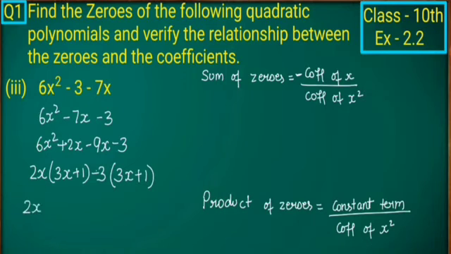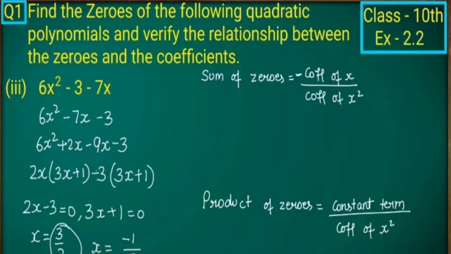So the two factors of this polynomial will be 2x minus 3 and 3x plus 1. Now we have to find the value of x. Same steps. x is equal to 3 upon 2, and from here x is equal to minus 1 upon 3.